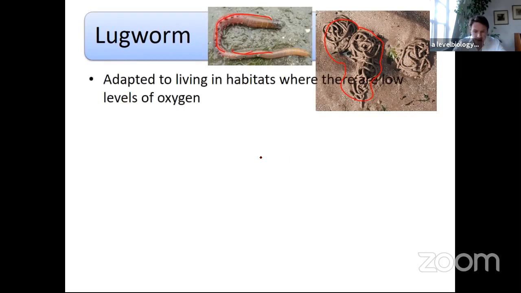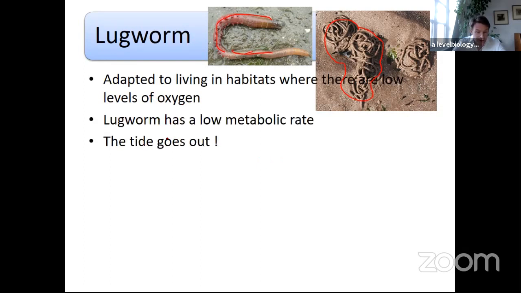So this is your lugworm, and you see these casts that are produced in the sand where they build burrows, and when you walk down to the low tide mark on a sandy beach, you can see them exposed in the last hour of the tide going out, or the last couple of hours. So these are adapted to living in habitats where there are low levels of oxygen, they've got a low metabolic rate.